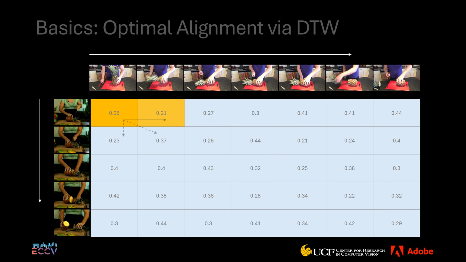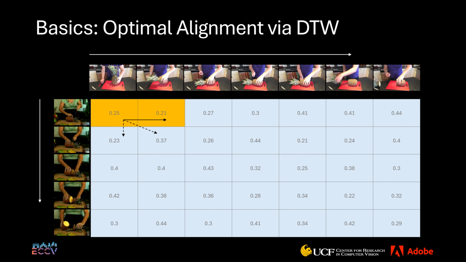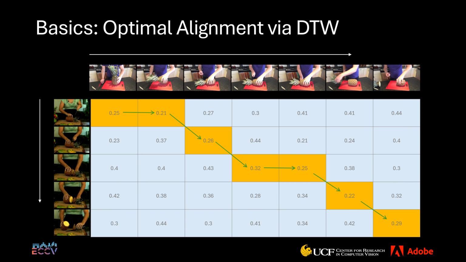Once these distances are computed, we identify the minimum distance path, starting from the first frame of both videos. By taking one step at a time, this approach follows a dynamic programming process. Ultimately, we obtain the minimum cost path, which represents the optimal alignment. The sum of the costs along this optimal path is known as the alignment cost.